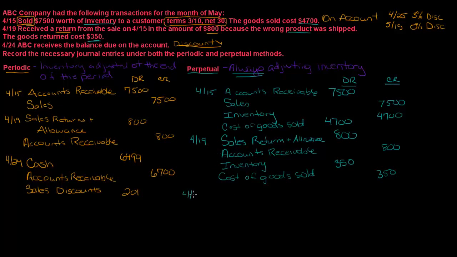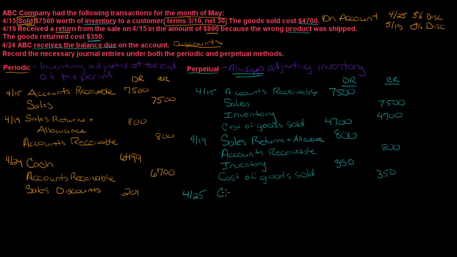Now let's look at 424. First thing we need to ask ourselves is, is there any inventory moving? Well, all that's happening here is that we're receiving money, right? Receiving the balance due, so receiving money to pay off the balance. That means there's no inventory moving.